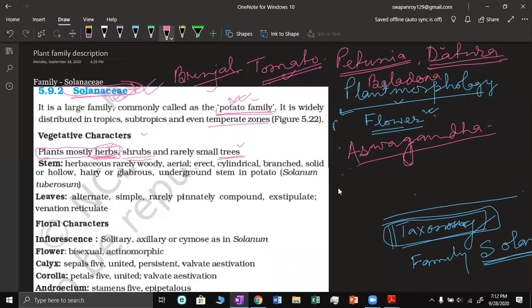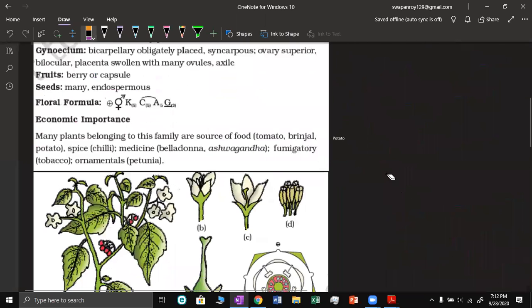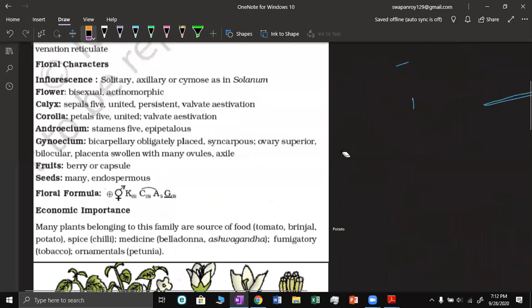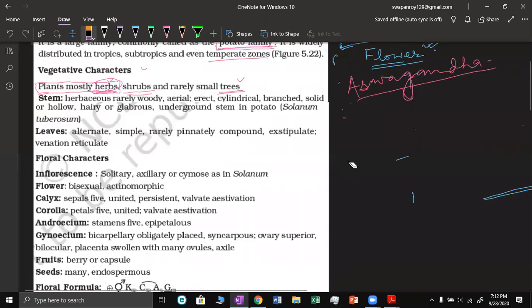If we write the root type, then you can write that the root is taproot, and the taproot is branched. After that, the stem. These are mostly herbs, so naturally the stem is herbaceous.